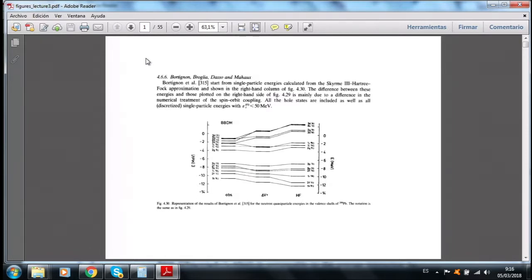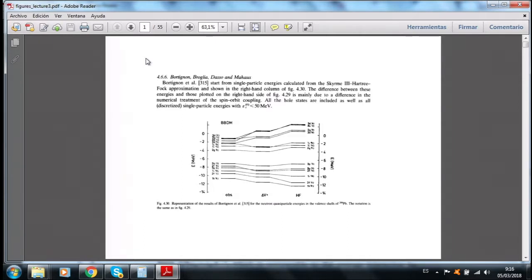And you see here, as a rule, what I told you last day, that the particle states, after you add these two corrections, tend to approach the Fermi energy, so the particles go a little bit down, and the hole states go a little bit up. And then, in this way, you obtain better agreement with data.